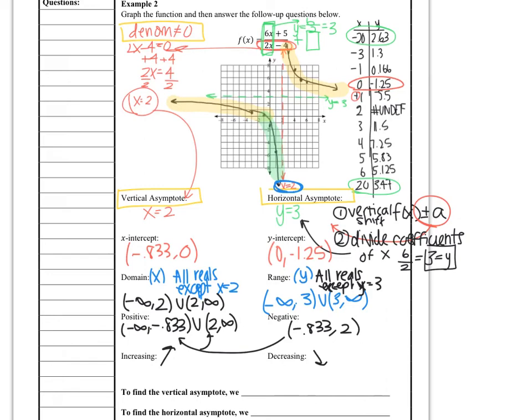So this graph here is going down, this graph here is going down, so increasing is not applicable. Decreasing starts at negative infinity. So I'm decreasing this entire time, and then I hit the wall at x equals 2. And then I pick up again, and I start over here at the wall at x equals 2 until forever on the right.